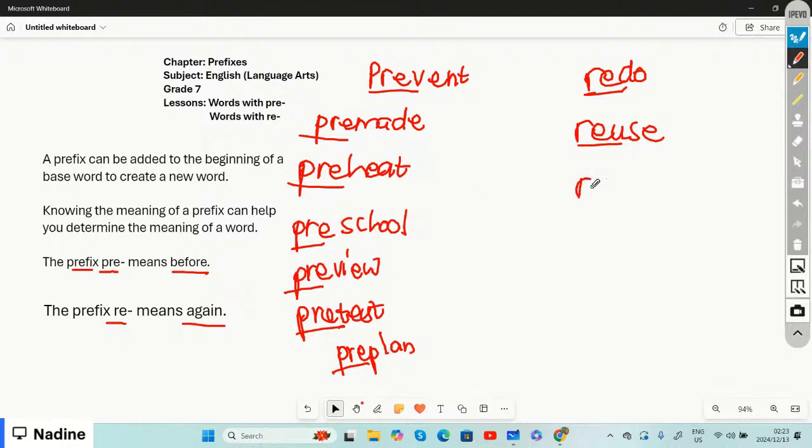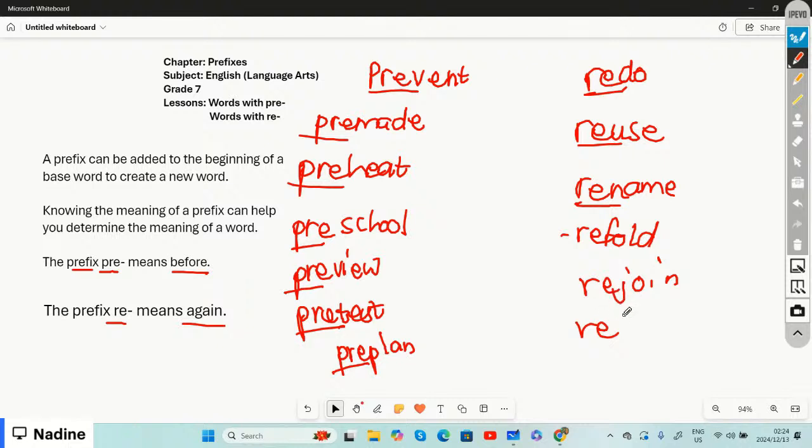Rename. Let's rename our puppy. Refold. We can even rejoin or refix something.